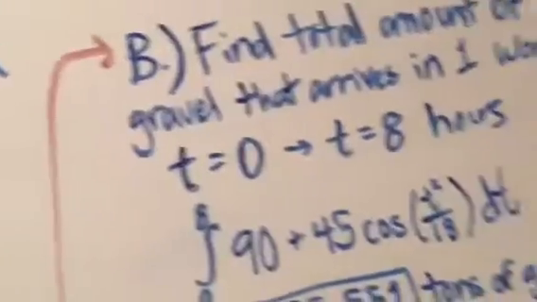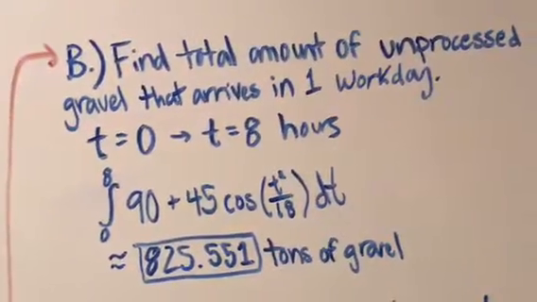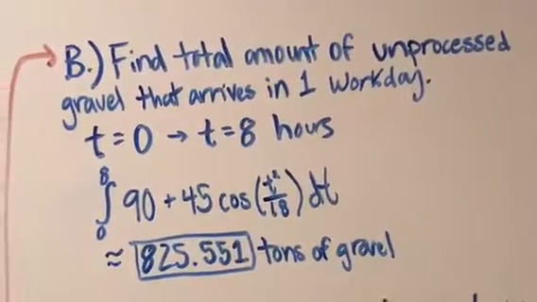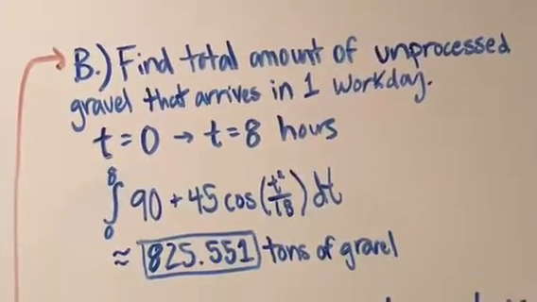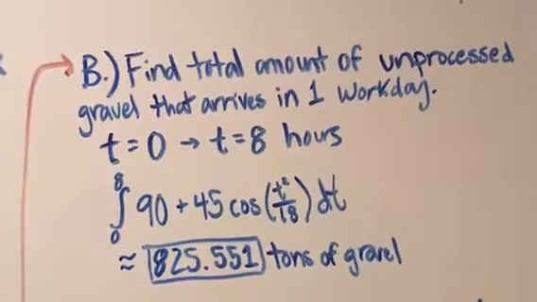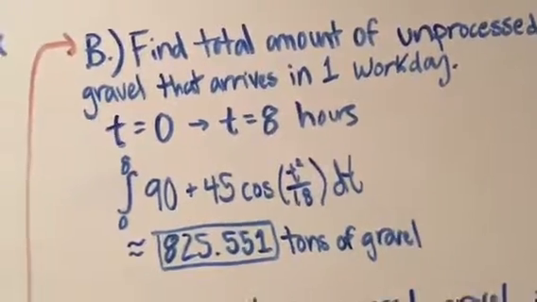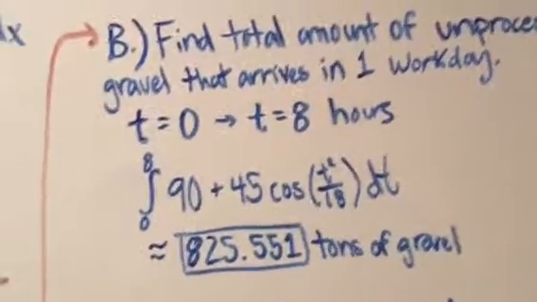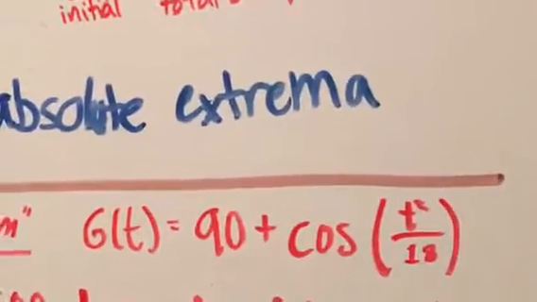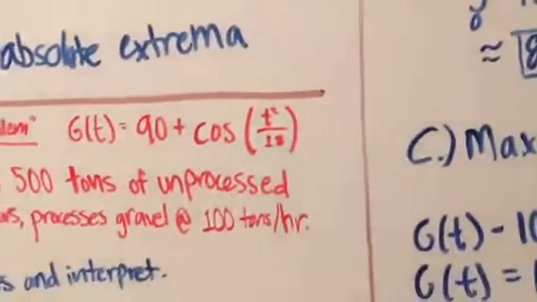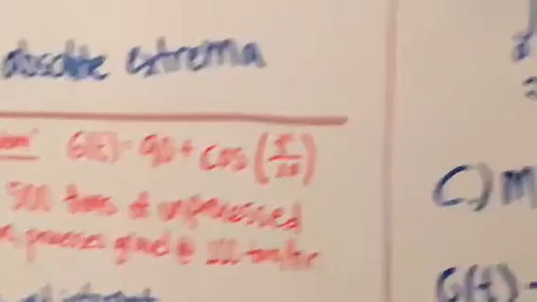So this question has 3 parts within it, by the way. Part B asks to find the total amount of unprocessed gravel that arrives in one workday. That we know is from when t equals 0 to t equals 8 in hours. All we have to do is find the antiderivative of g(t), which we remember is the rate of the gravel arriving, because the antiderivative of the rate of something will always be the amount of something.